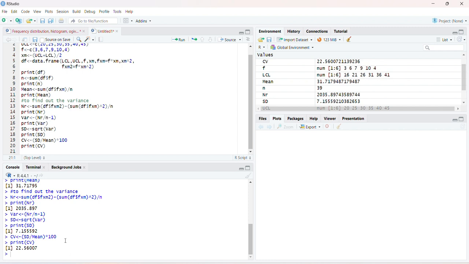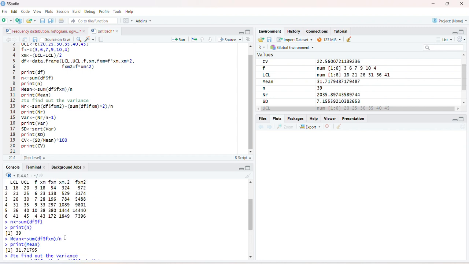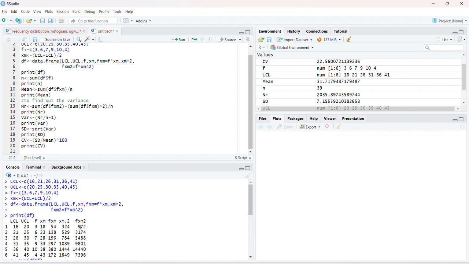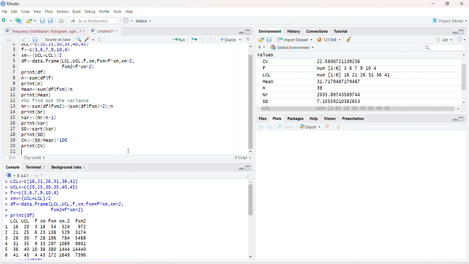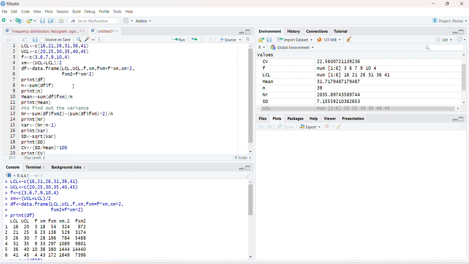To find out the coefficient of variance and standard deviation, we constructed the data frame from which we are finding out the mean and variance also. So this is the program to execute for finding the mean, variance and so on. Now I want to save this.